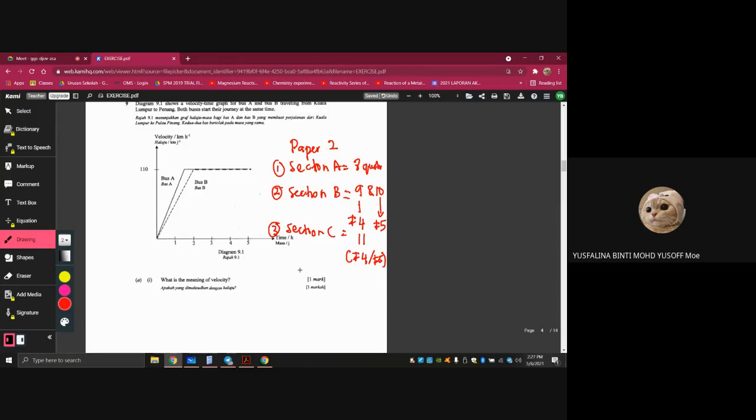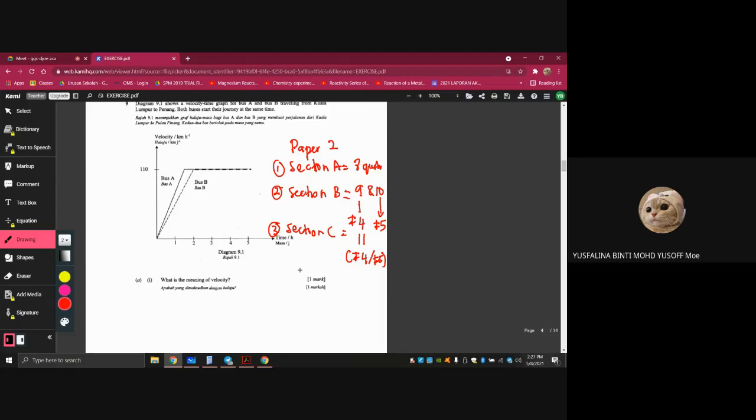It's up to you. You can choose one. But for section C, you have to answer all of it because only one question. So you have to answer this one. There's no choice for you to choose. It's different from the format for this year, right? For the last year, 2020, they gave you a choice, right, for section C.